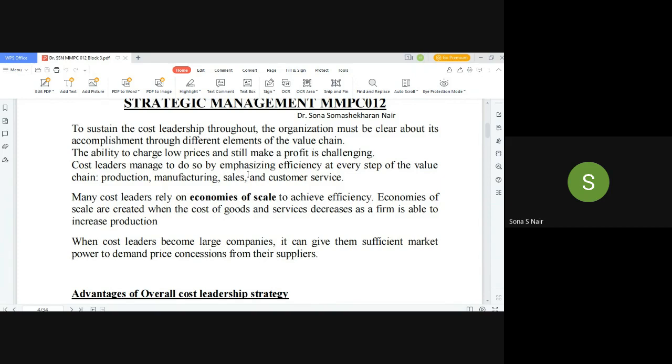Many cost leaders rely on economies of scale to achieve efficiency. Economies of scale is a concept, I think, that has possibly been discussed in other classes also. We also discussed it when we said that when the cumulative production of an organization increases, the cost decreases.